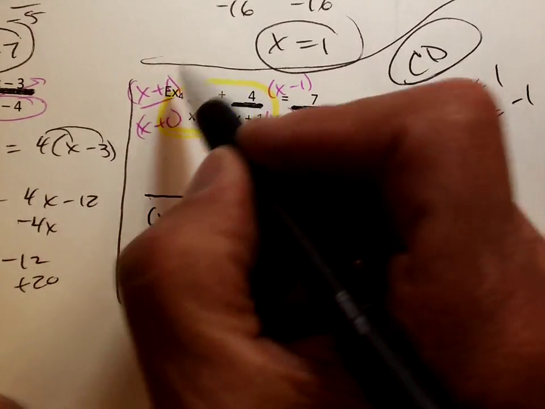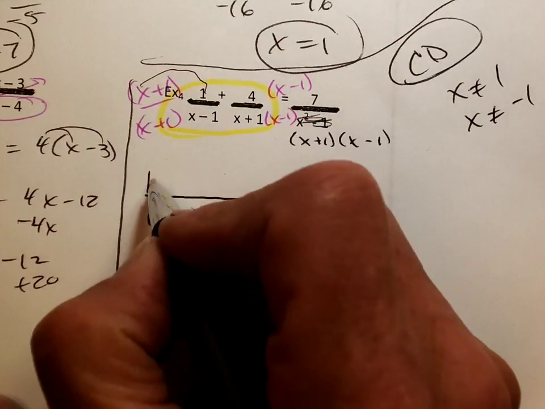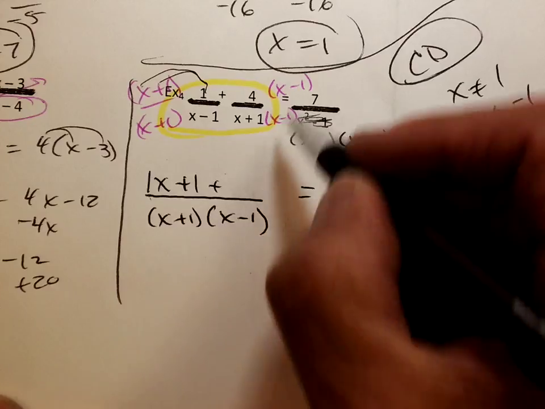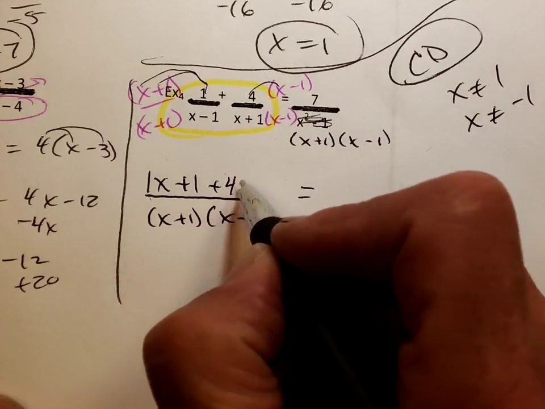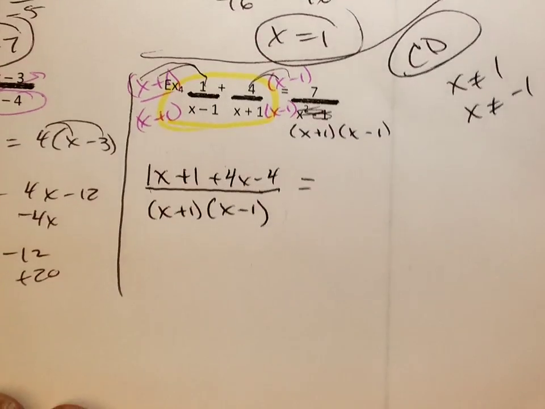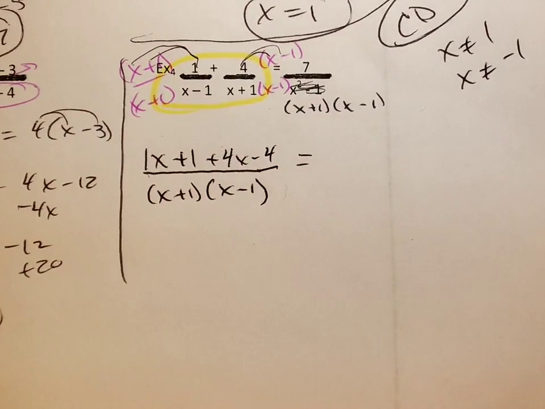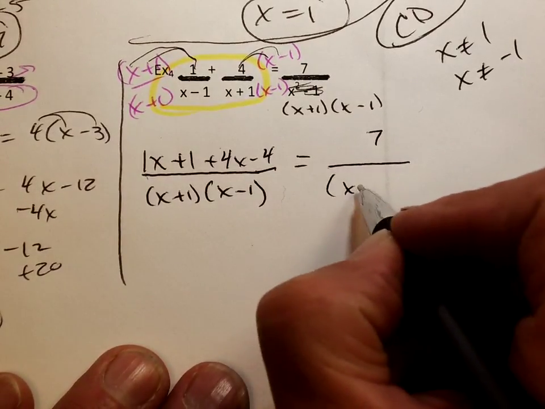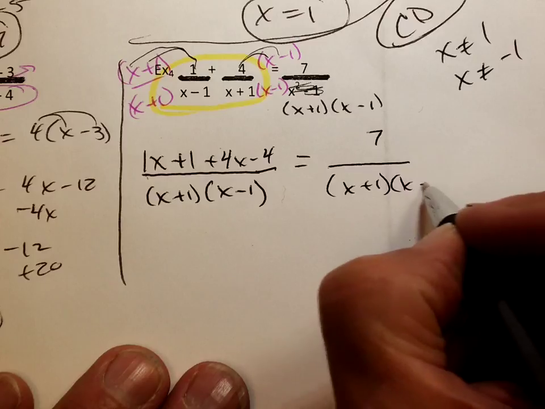In the numerator, we'll have 1 times (x plus 1) plus 4 times (x minus 1). How am I doing? Okay. And over here I still have this 7 over (x plus 1)(x minus 1).